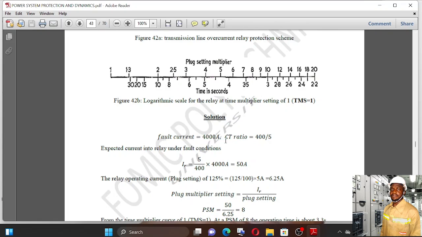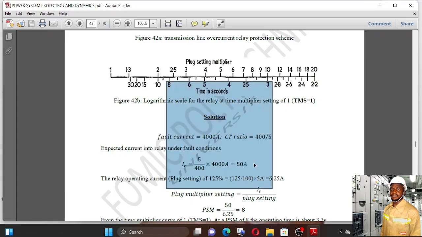So the faulty current is 4,000 ampere. Then if we have a fault current of 4,000 ampere, the current that will be fed to the relay during that fault will be what? That 4,000 times 5 on 400, which is the transformation ratio there, which gives us 50 ampere.